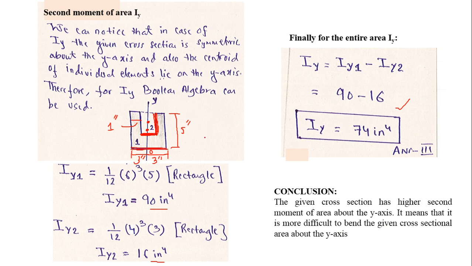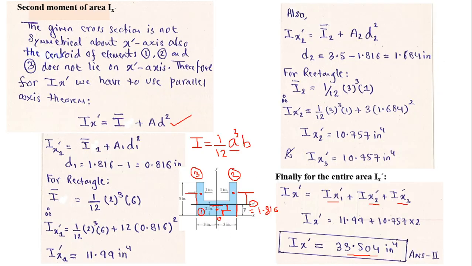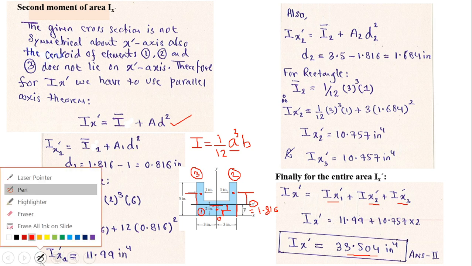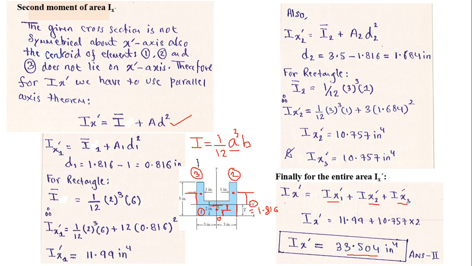Since the second moment of area is the ability of a cross section to resist bending about a particular axis, these results indicate that if this cross section is loaded in the vertical direction, then these loads will try to bend this cross section about the horizontal axis, the x dash axis.